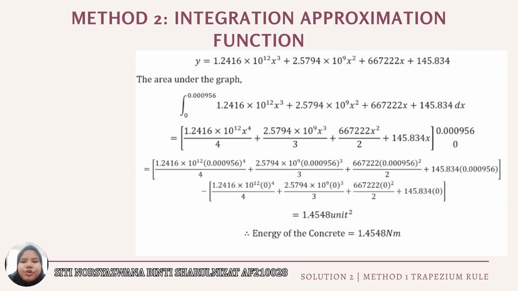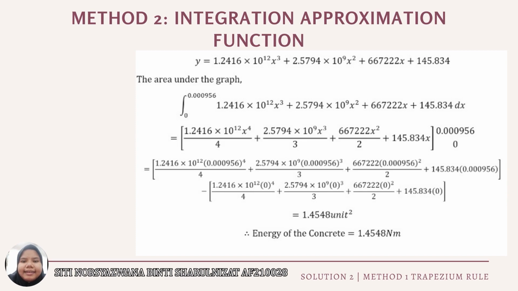For the second method, we use the integration approximation function. From the graph, we know that the equation of the graph is y equals 1.2416 times 10 to the power of 12 x cubed plus 2.5794 times 10 to the power of 9 x squared plus 667,222 x plus 145.834.